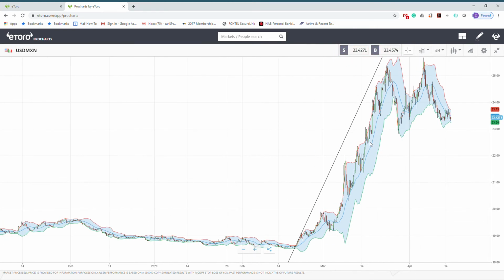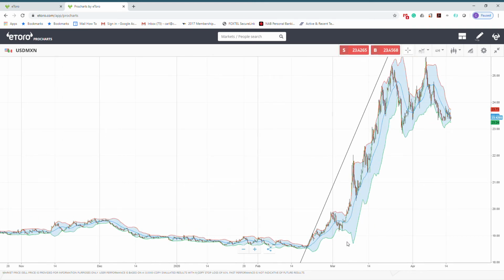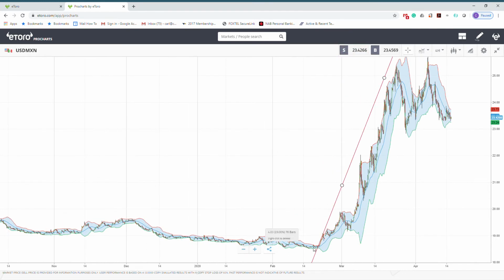And normally before a big trend, before a huge breakout, if you look at the history of the market, you see that just before that huge breakout, normally we have a very narrow Bollinger Band, so it gets shrinking, and all of a sudden, boom, it just explodes.